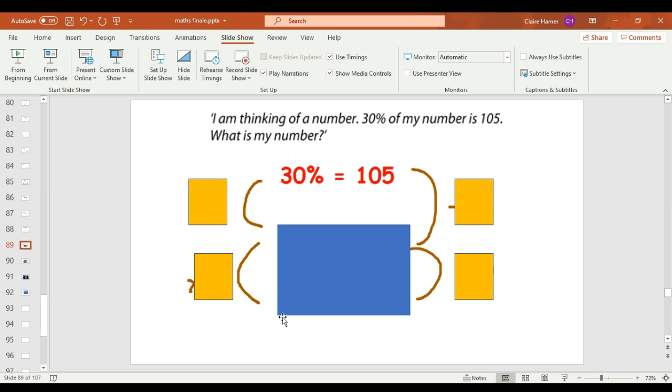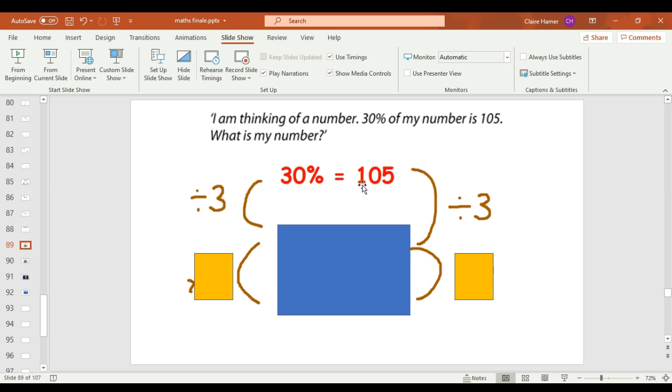Right, I'm going to reveal my answer. So first of all, I went to 10% because I really like going to 10%. So I divided both sides by 3. I knew that 105 is a multiple of 3 because if you remember in school we talked about if you add up the digits in any number, if the total is a multiple of 3, then you know that it's divisible.